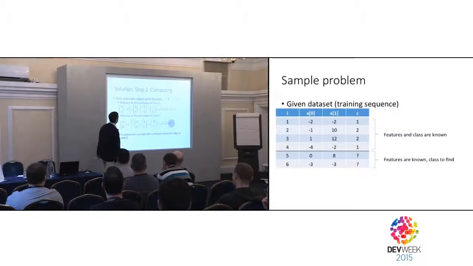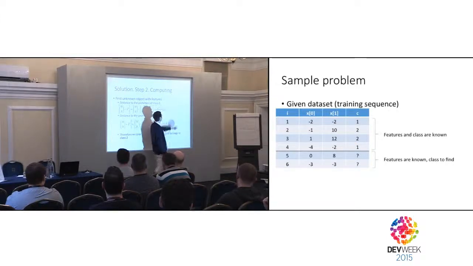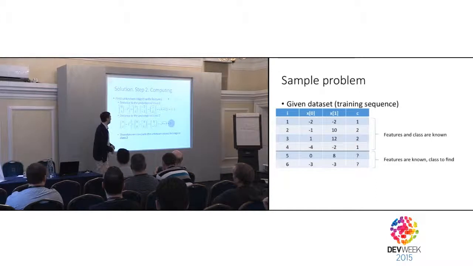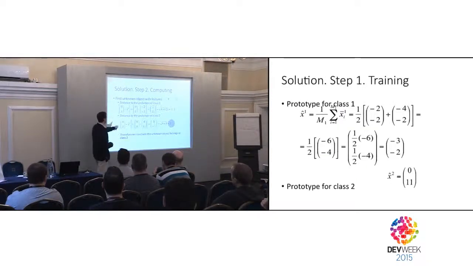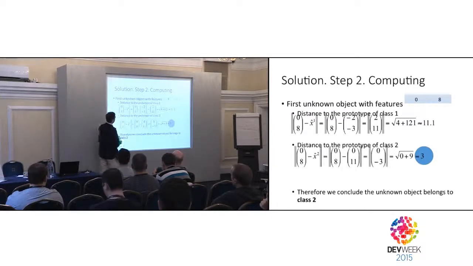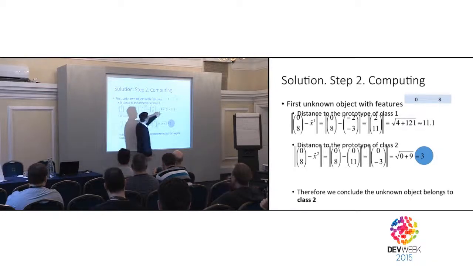Now for this object with unknown class, we need to compute two distances, to the two prototypes for the classes that we have. So we compute element-wise differences, then square them, and take a square root in the end. The distance from this object of unknown class to the first prototype would be approximately 11.1.